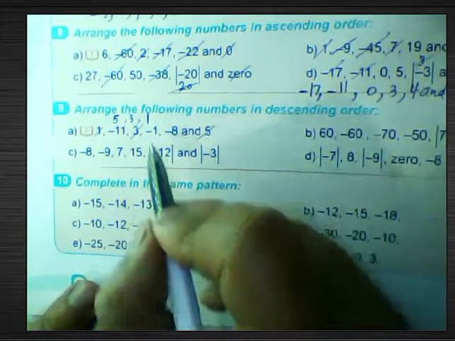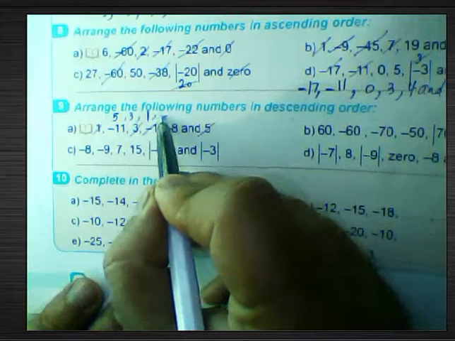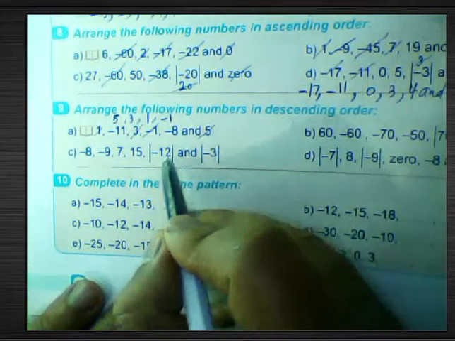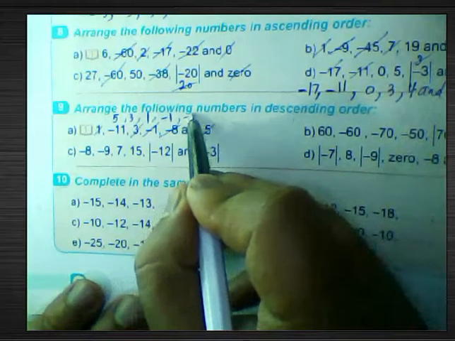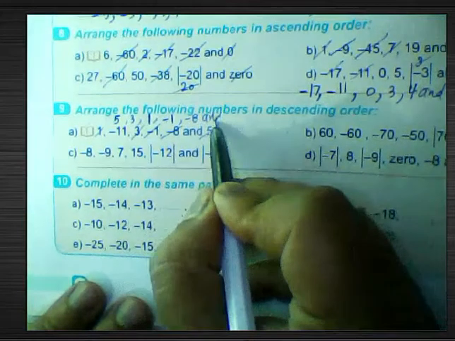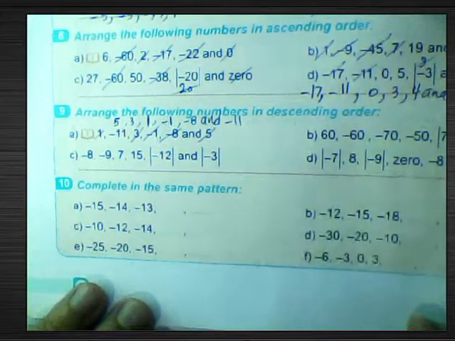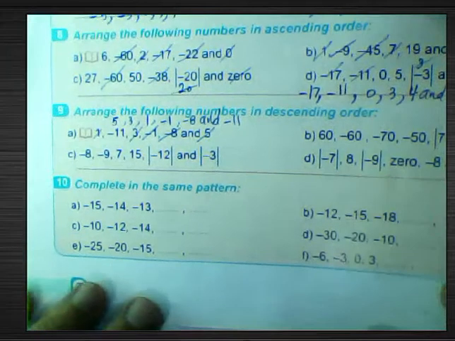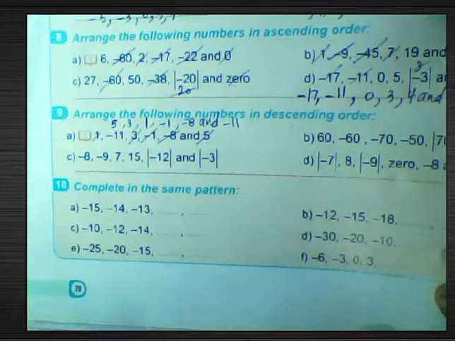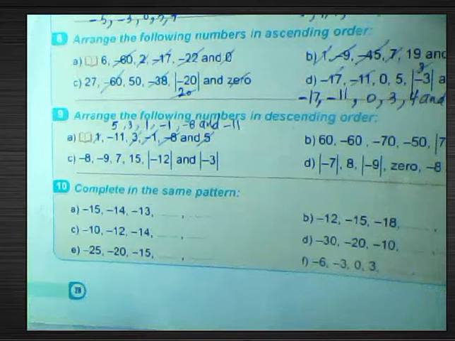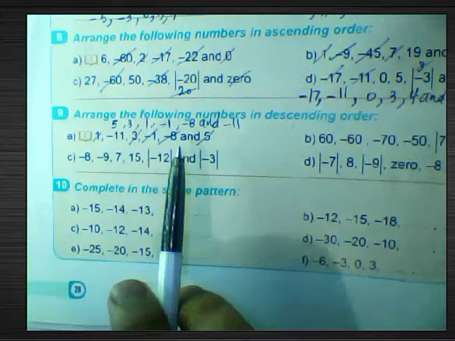Then you can write negative 1, negative 8, and negative 11. This is the last number. Okay, we write the order descending from greatest to smallest: 5, 3, 1, negative 1, negative 8, negative 11.